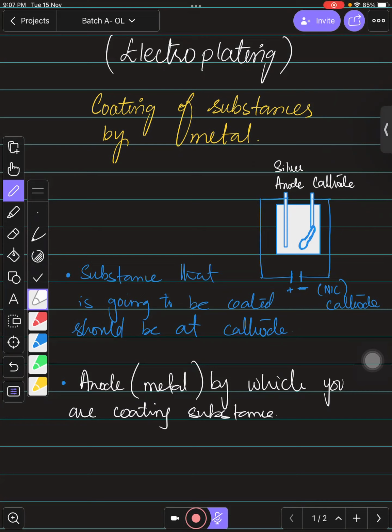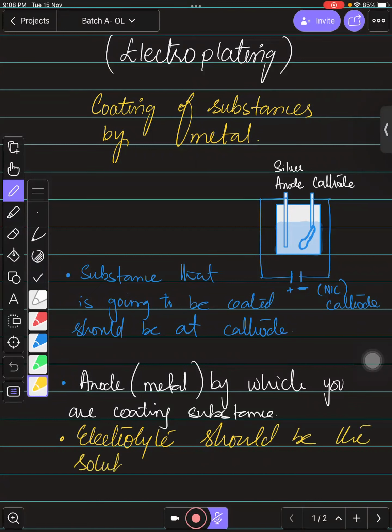Now, the second thing is the solution. Solution कौन सा होना चाहिए बच्चों? The electrolyte that you use here, वो electrolyte कौन सा होना चाहिए? You need to remember the electrolyte should be of the same metal. The electrolyte should be a soluble salt of the same metal.